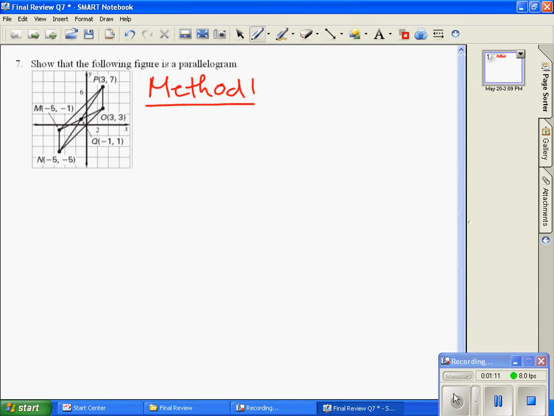Okay, so using the distance formula, remember the distance formula, let me write it over here. Square root of (x2 minus x1) squared plus (y2 minus y1) squared. Okay, so we just plug in the information.